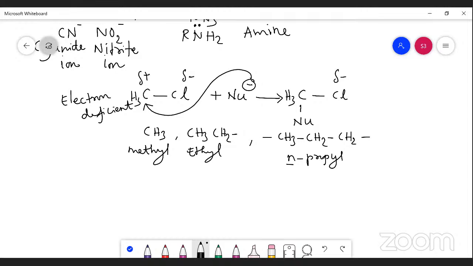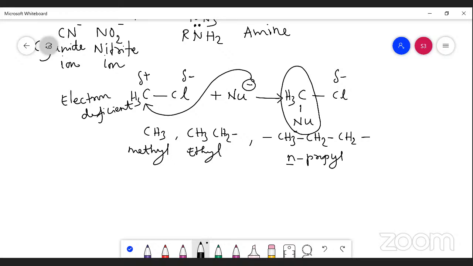You can replace it with whatever the alkyl group may be, and according to that you will get a product. This is how the nucleophile attacks the electron deficient center. Now, can you understand how and where the nucleophile is going to attack?